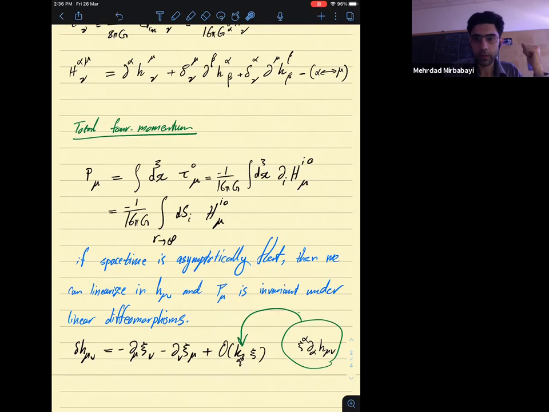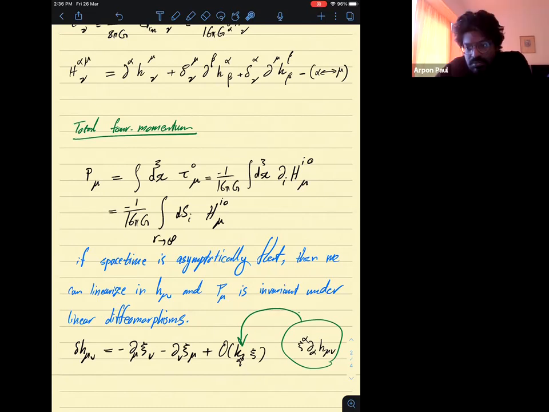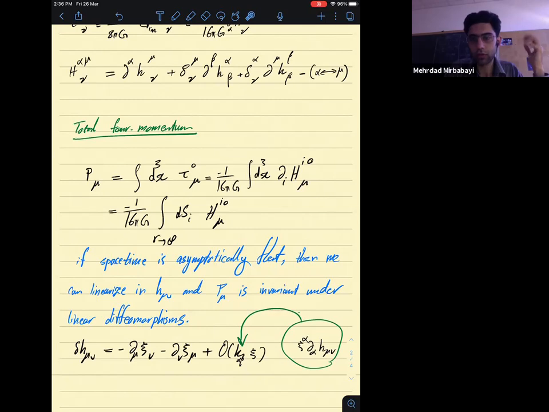This is something that normally I wouldn't allow myself to do if I want to preserve asymptotic flatness, except in the case of Lorentz. I'm allowed to pick these xi's to be growing linearly with the coordinate. That is the only case in which you can keep these terms, and then you will change the answer.